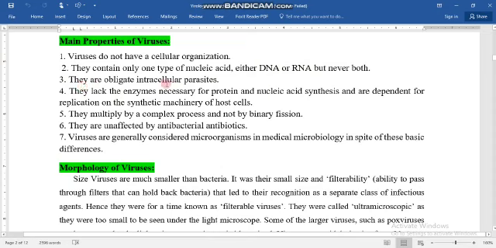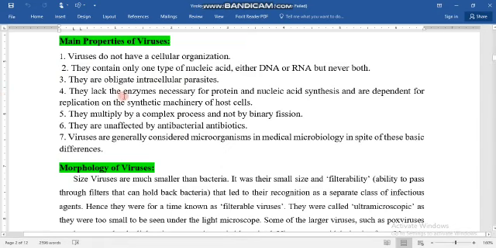Another important point is that viruses are obligate intracellular parasites. They only live within the body of another living organism, inside the cell. Outside of a living cell they remain in the form of crystals, acting as non-living particles. That's why we use the term obligate parasite for viruses.